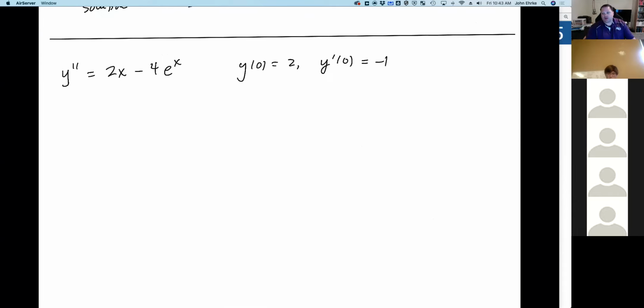The reasoning is that because I have a second order differential equation, I'm going to have to integrate twice to find y. And in doing so, I'll create two integration constants. And if I want to solve for those two constants, I need 2 points of data, not just one. And I need a point of data for every derivative under my order.